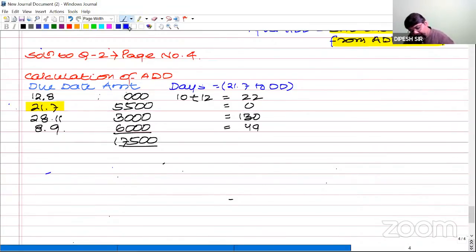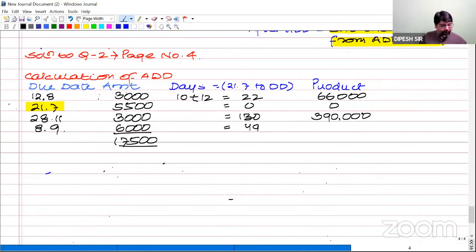Now, Charted, product. First is 3,000 into 22, which is 66,000. Then 0. Then 3,000 into 30, which is 3,90,000.